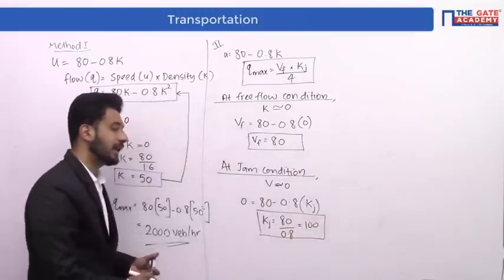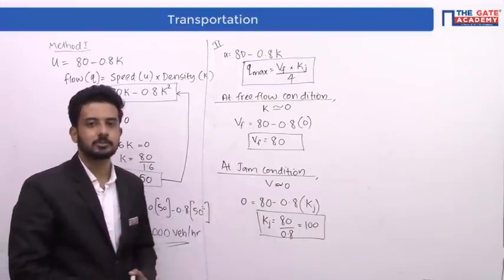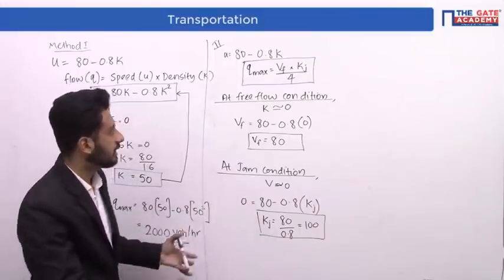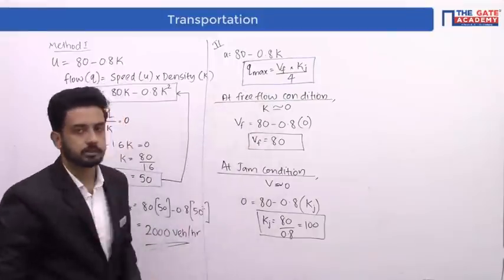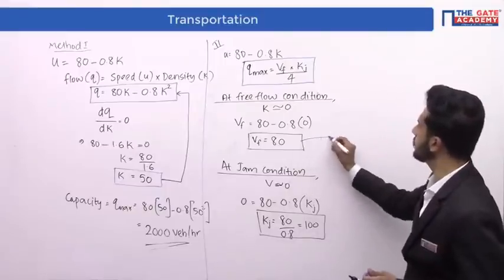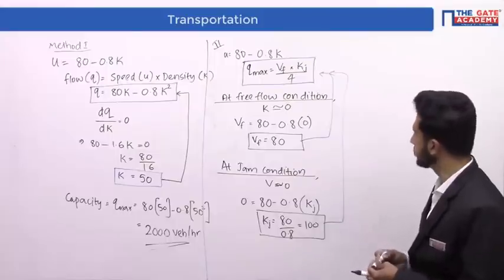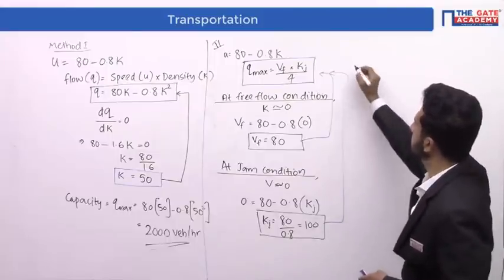So I got the value of Vf and Kj, the free flow speed and jam density. Now I can substitute in this equation. Correct? So I am substituting the value of Vf and the value of Kj in this equation. So what will I get?